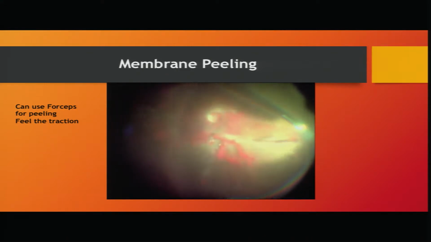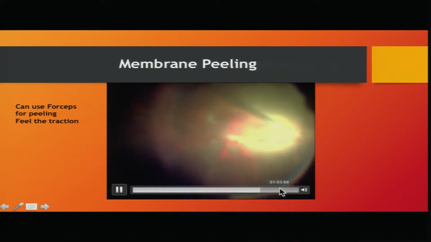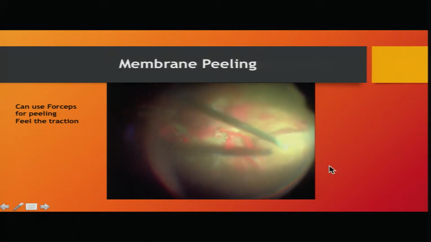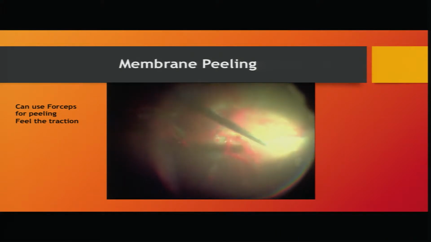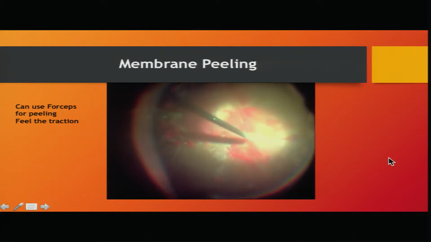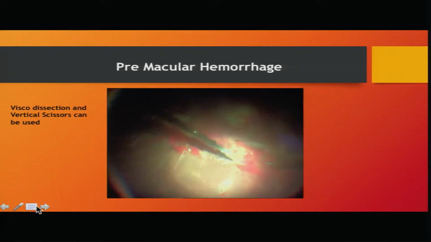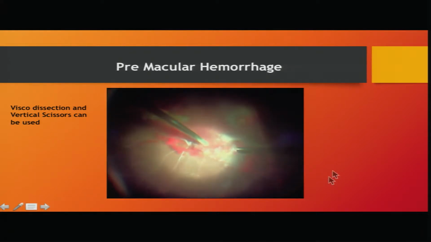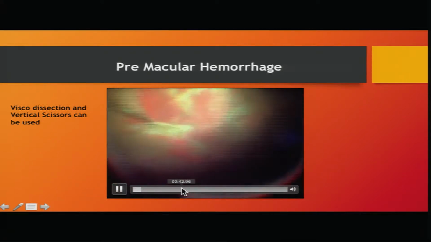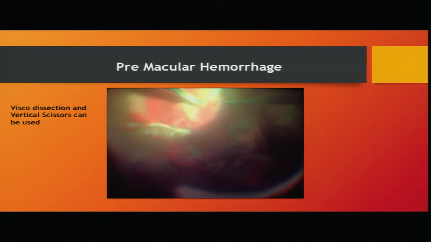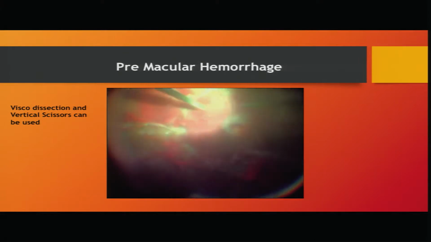And open the hyaloid over the macula. Wherever there is dense adherence, stop there and go to the other side. Some people use viscodissection and vertical scissors, but most of the time it will not be necessary. Go to the center and feel that there will definitely be a gap in the central area.